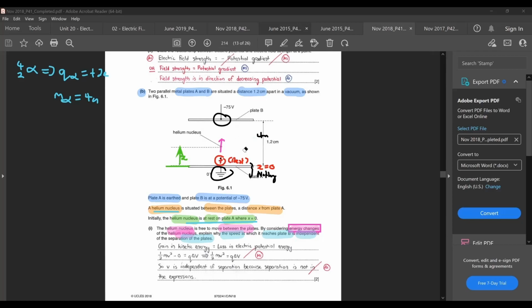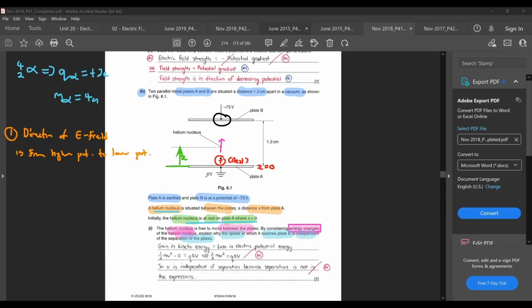But if you want to see why your electric force is outwards, it's similar to what I mentioned earlier. The direction of E field, I'm just going to shorten electric field as E field, is from higher potential to lower potential.